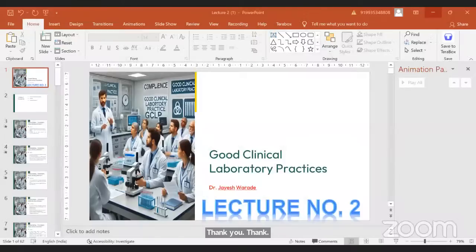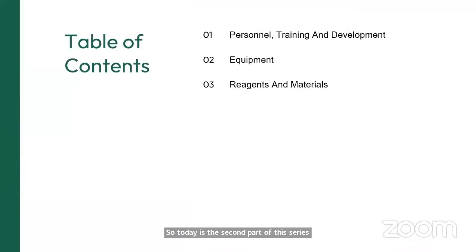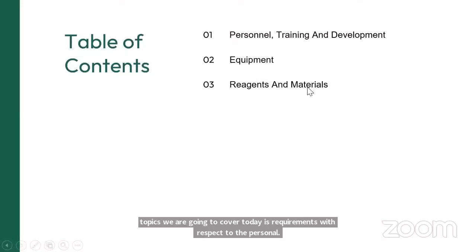So as we have seen, without wasting time, we are going to begin today's session. Today is the second part of this series, and the topics we are going to cover today are requirements with respect to personnel training, development, equipment, reagents, and materials.